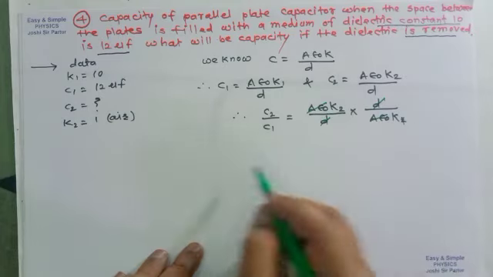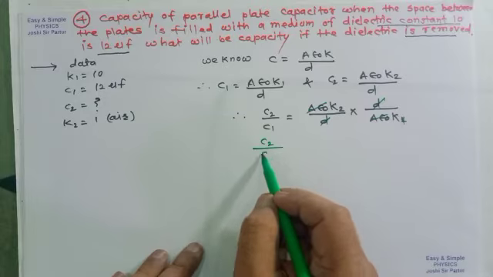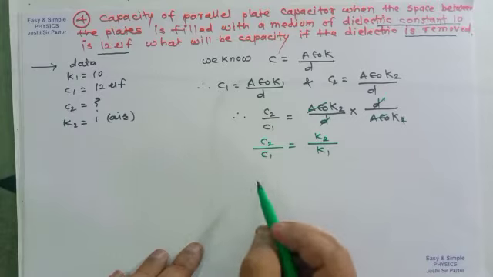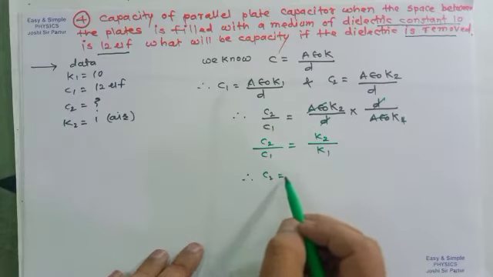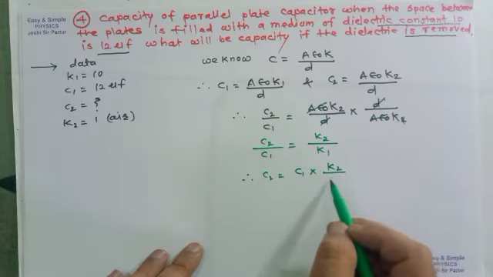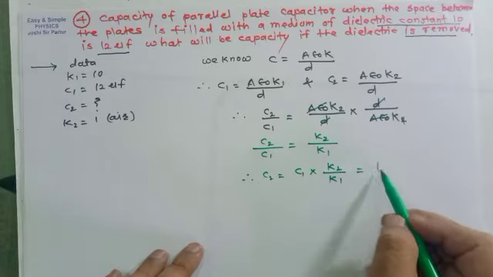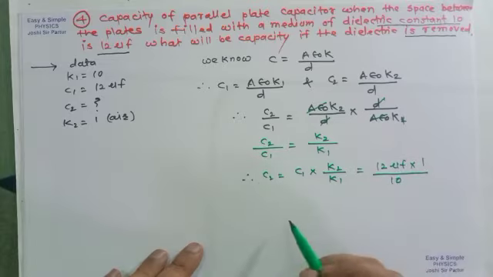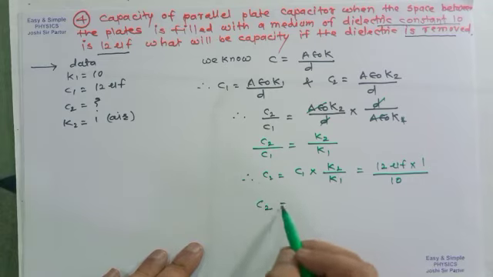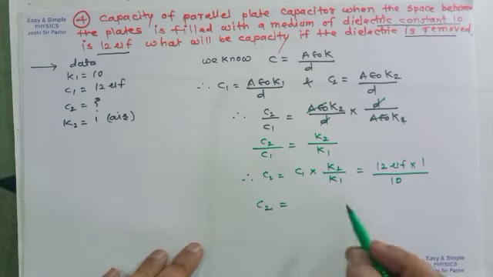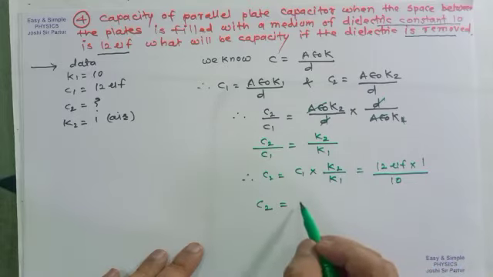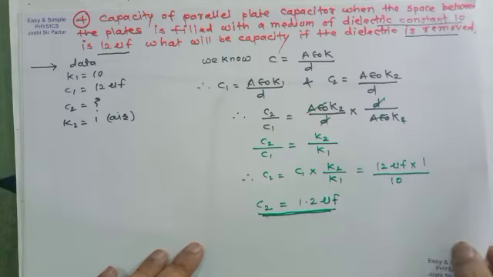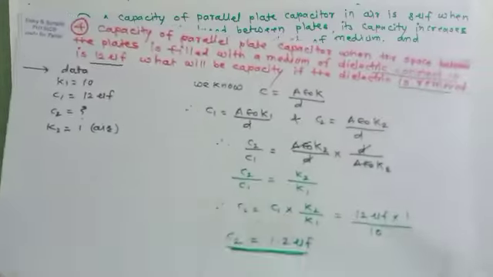So C2 upon C1 is equal to K2 upon K1, and therefore C2 is equal to C1 multiplied by K2 upon K1, which is 12 microfarad multiplied by 1 upon 10. So the capacity C2, the capacity of the capacitor when the dielectric is removed, will be 1.2 microfarad. This is the answer for the given example.